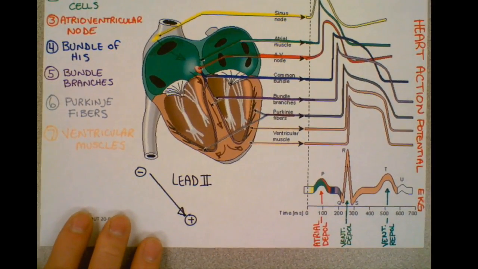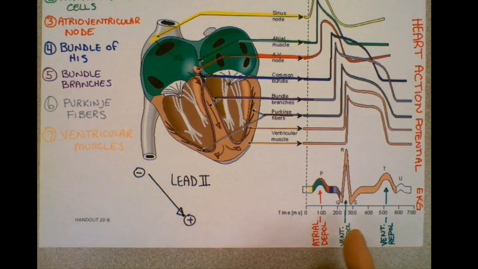It's actually there, it's just hidden. Because the ventricles are bigger, atrial repolarization is occurring in this QRS complex, but you just can't see it. And so the atria are repolarizing as the ventricles depolarize.